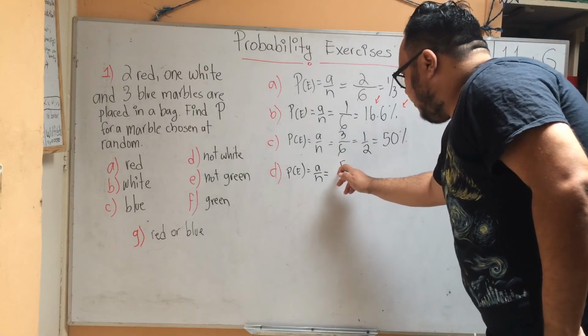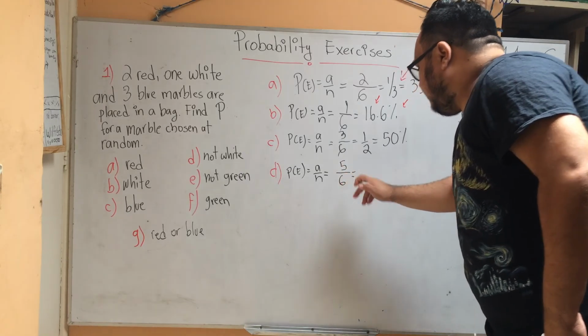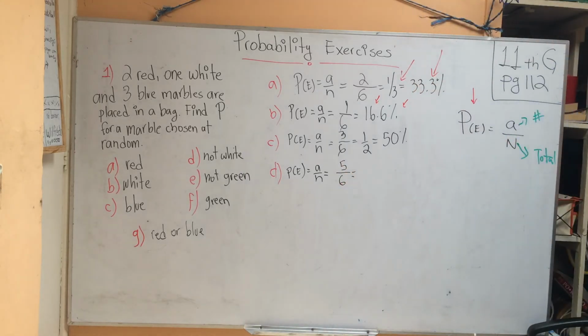So we put 5 over 6. That is the probability of getting a marble that is not white. So 5 over 6 is 0.83 times 100, to make it into a percentage, and we have 83.3.